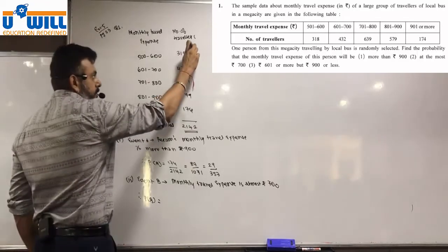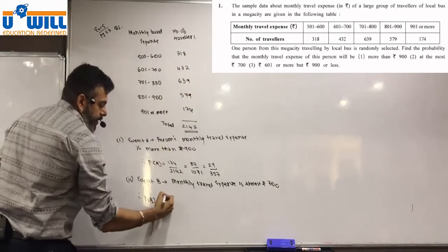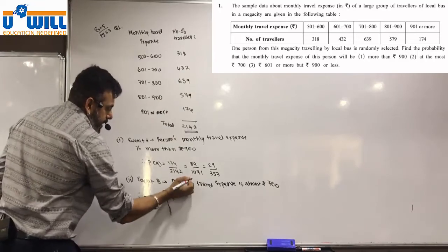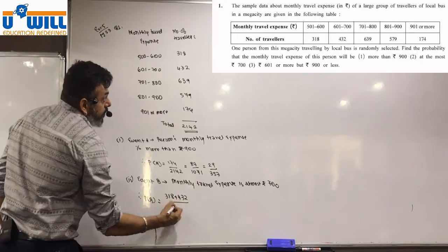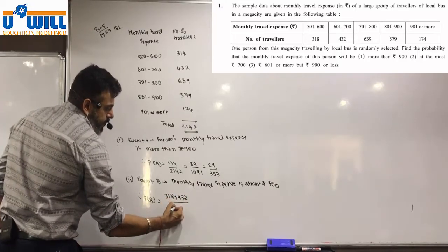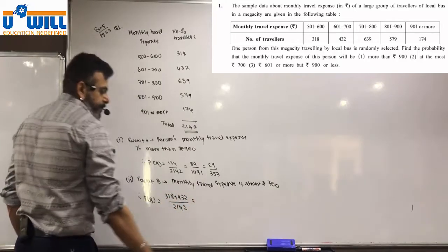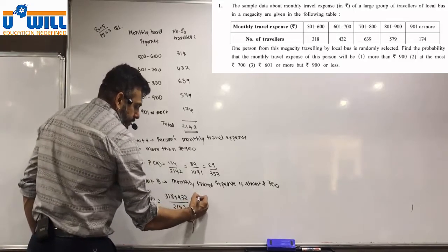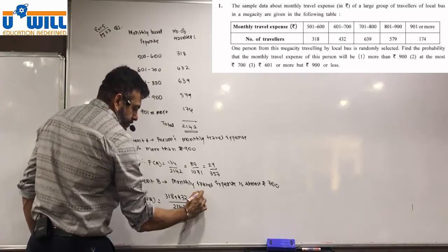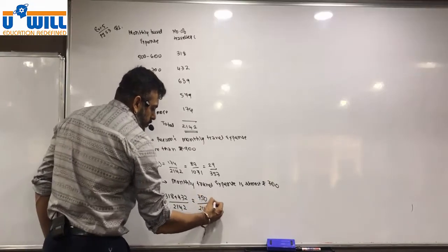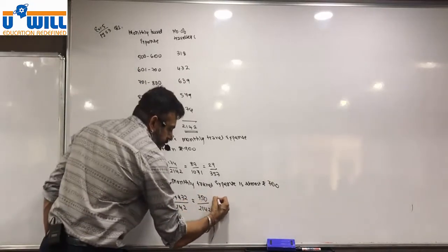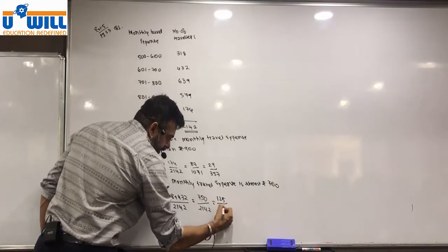So 318 plus 432 upon 2142, 750 upon 2142, 125 by 357.